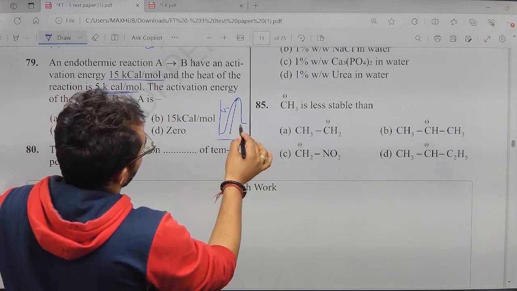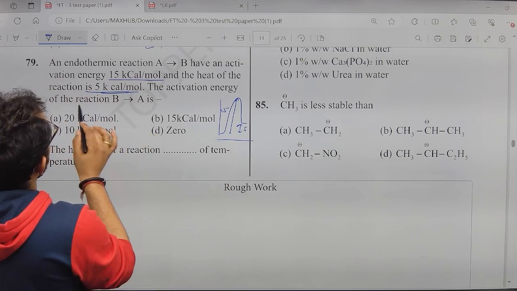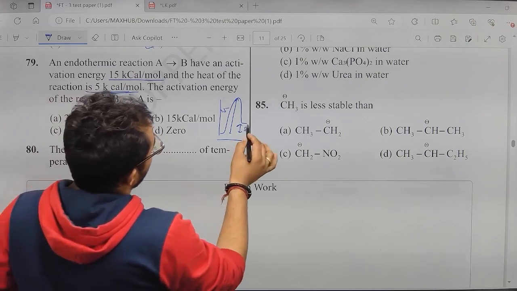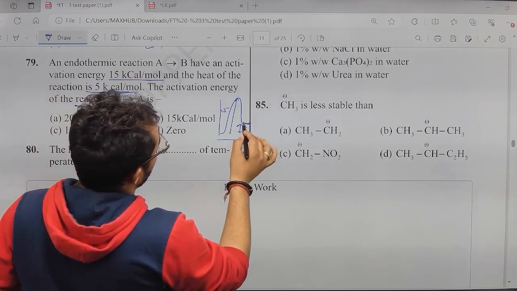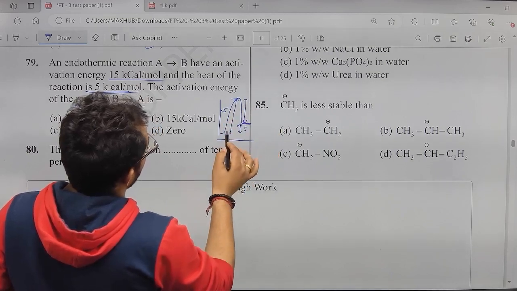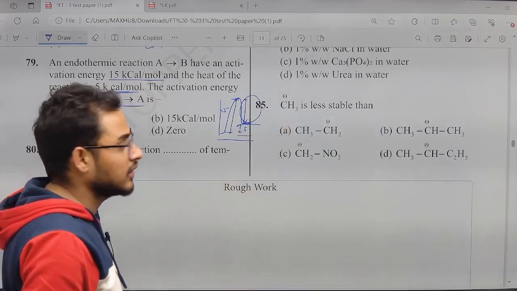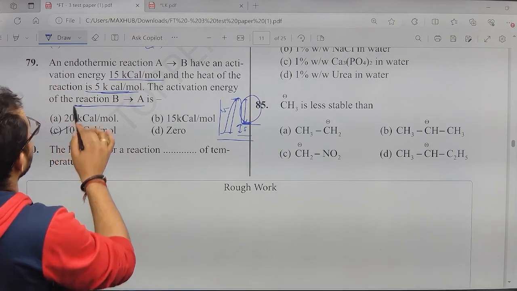It is an endothermic reaction. The question asks for the activation energy for the backward reaction. Listen, I have to move from here to here. Total is 15, and this is 5. So it is 15 minus 5, that means 10. It will be the right answer.